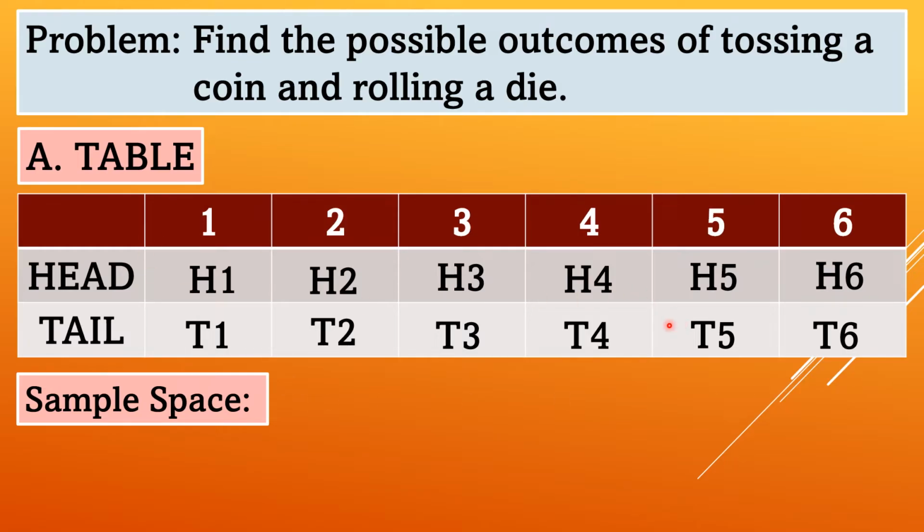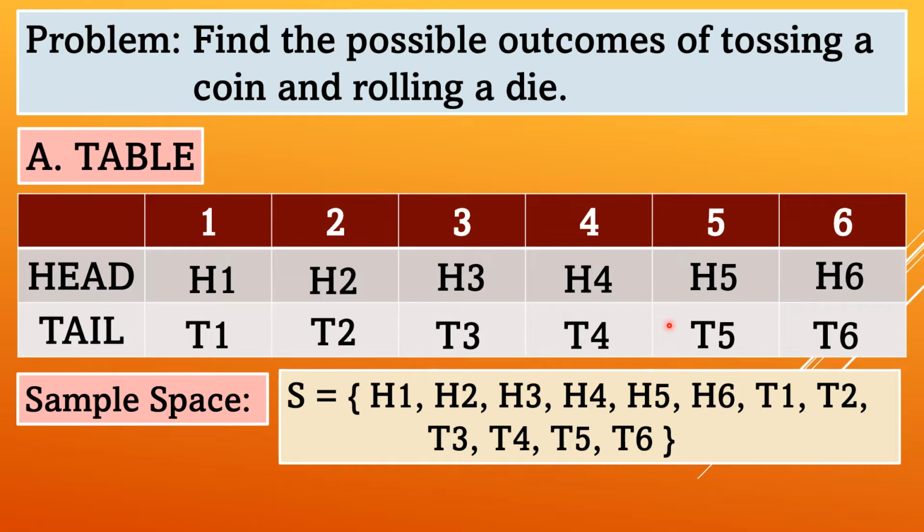So we have S that represents or denotes sample space. So S is equal to H1, H2 hanggang T6, yung nasa table. Those are the possible outcomes. So kapag inilista mo yun lahat-lahat ng possible outcomes, ang tawag natin dyan ay sample space.